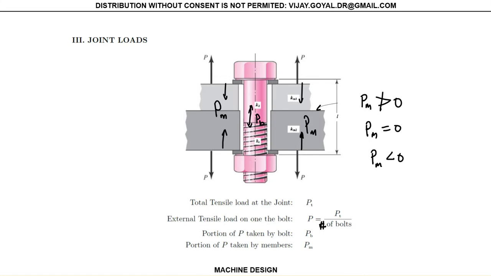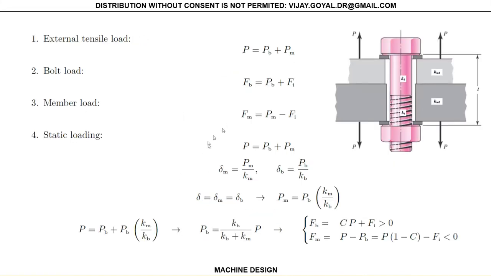So the total load will be equal to P is equal to PV plus PM. This is bolt, and this is members, the load taken by the members.